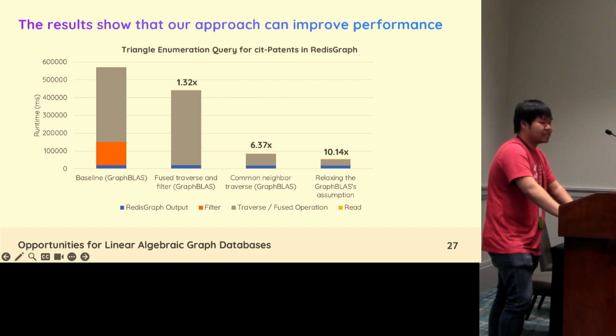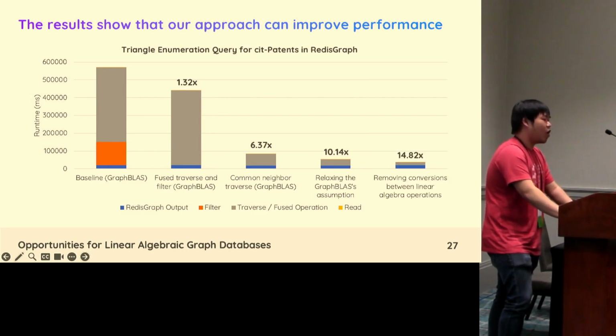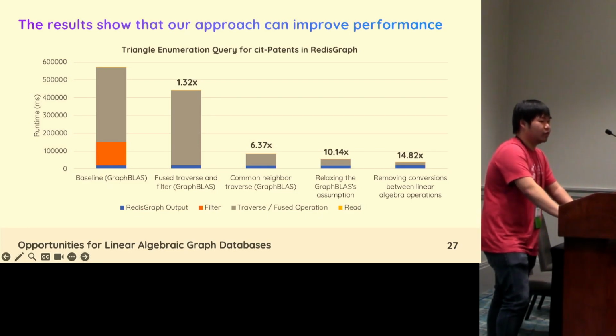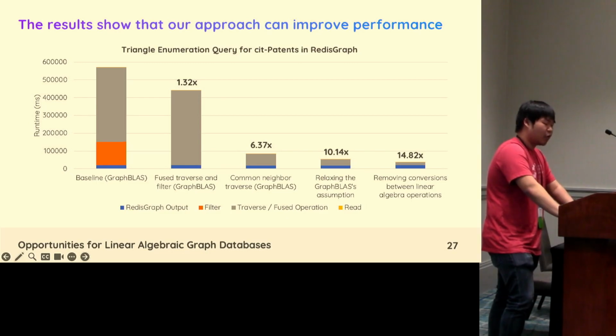After we relax the GraphBLAS assumption, we gain a 10.14 times speedup relative to the baseline. And finally, now all the operations in our pipeline are represented in linear algebra, except for the first read-only stage and the output stage. So we can remove the conversions between them, after which we gain a 14.82 times speedup relative to the baseline.